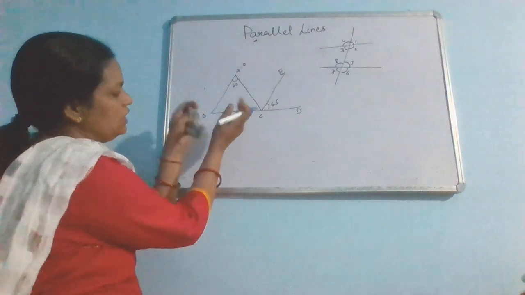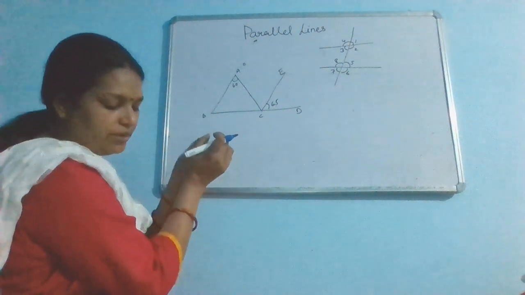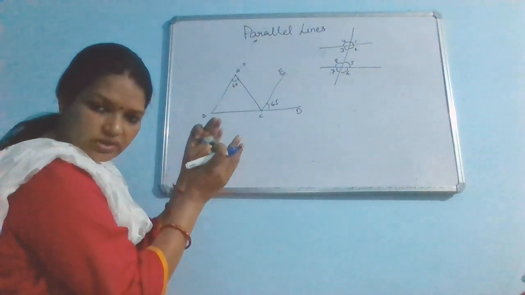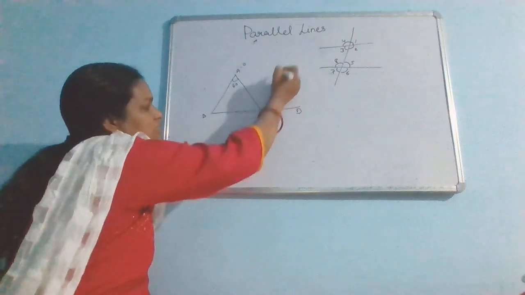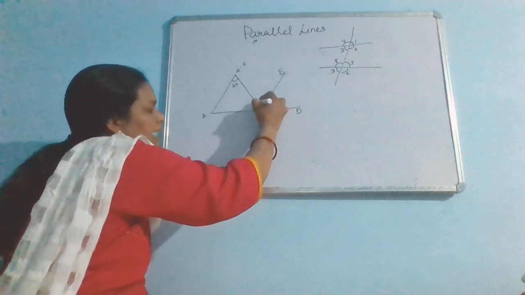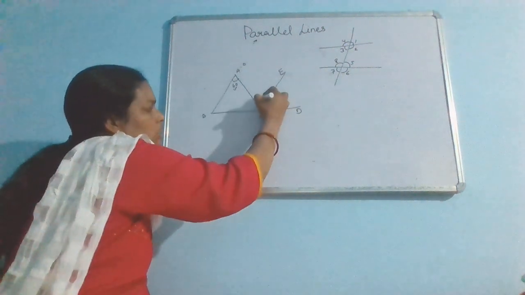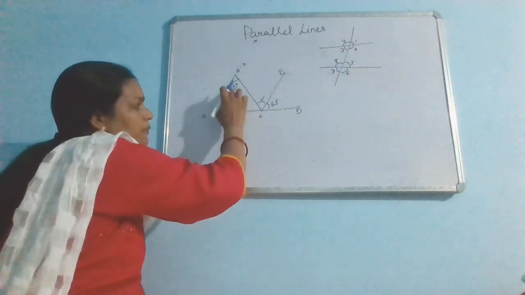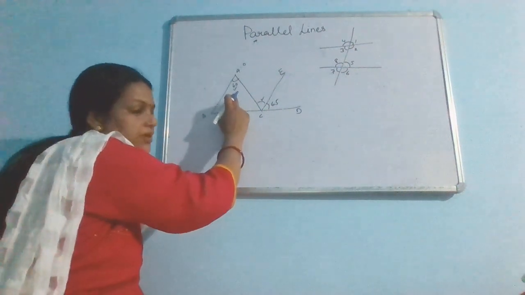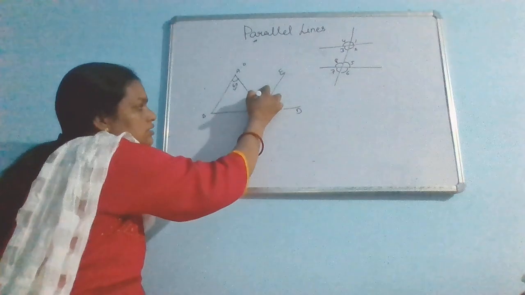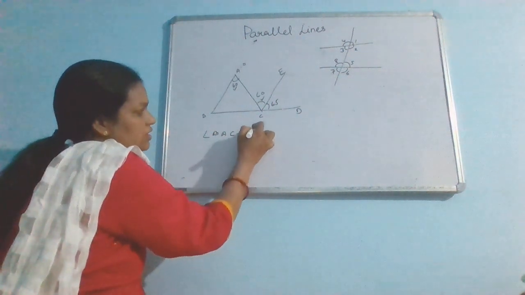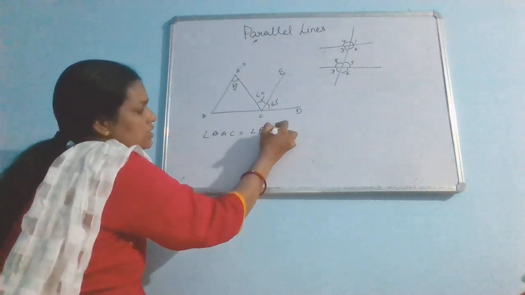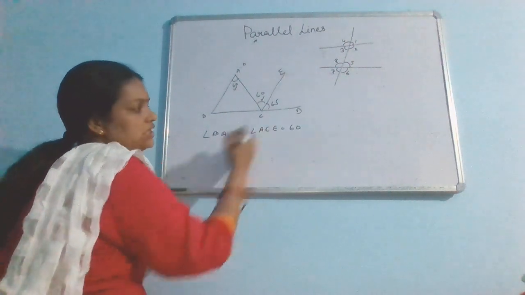You can see this is a twisted line, but when you turn your book page you can easily see that AB and CE are parallel, and this 60 and this angle are alternate interior angles. So by the alternate interior angles property, if this is 60, this is also equal to 60. We can see angle BAC is equal to angle ACE equal to 60 degrees.